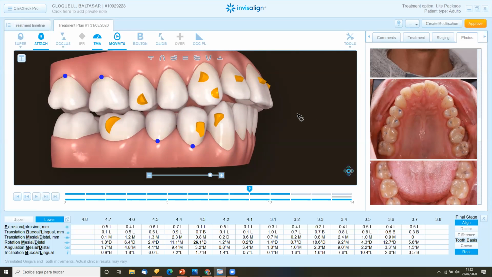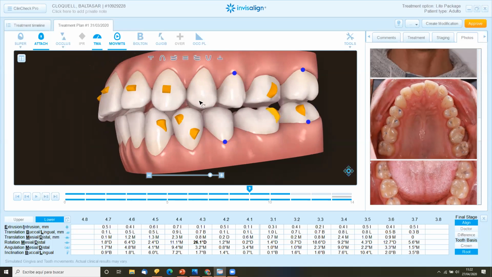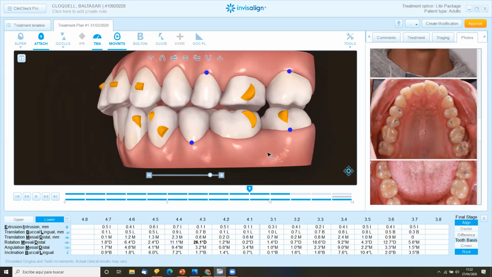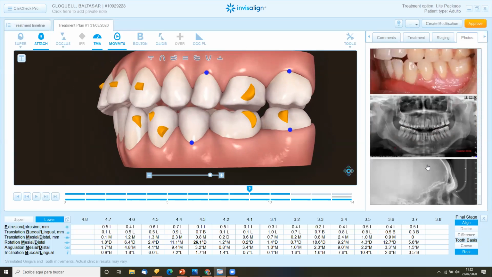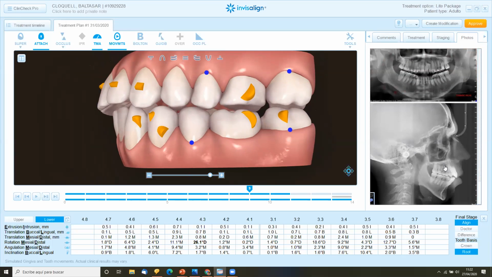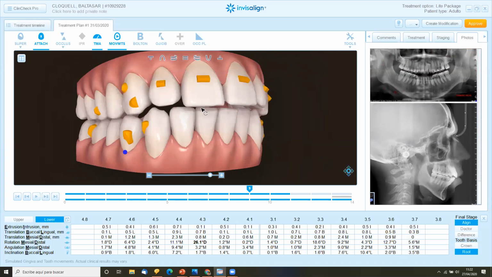Because the patient doesn't want a comprehensive treatment. He wants just to fix his crowding, okay? So let's go for an easy case, please. More things, okay. The pictures, we took a look at the X-rays before, so I think this is done.